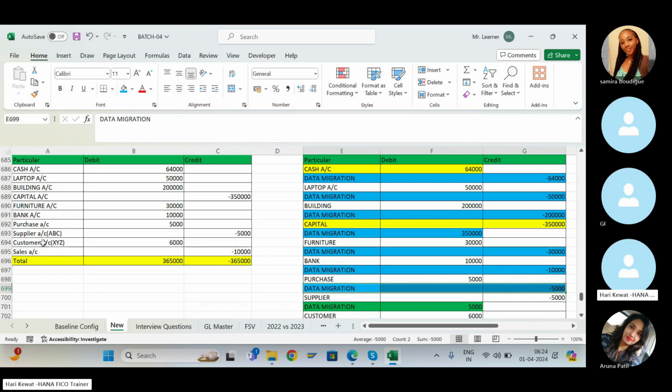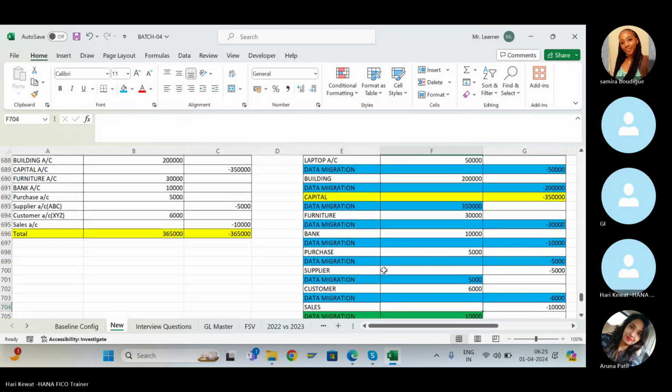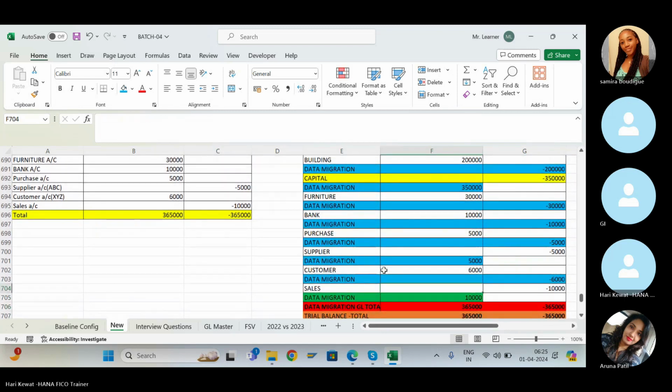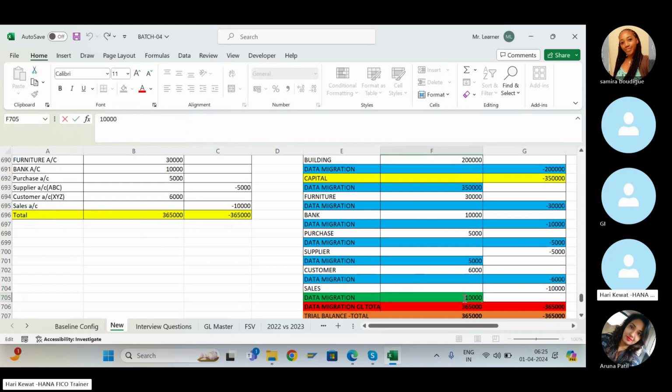Similarly, for the supplier, you have a credit balance and you are debiting data migration. Next, you have the customer balance: customer you debit and data migration you credit. Now the sales account has a credit balance, so sales you are crediting and data migration you are debiting.